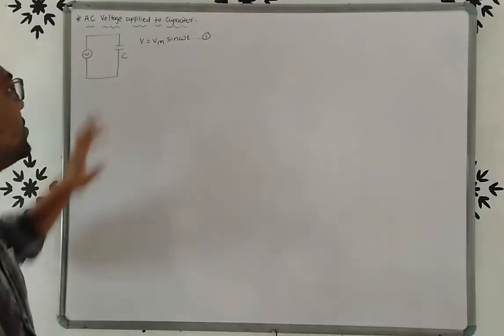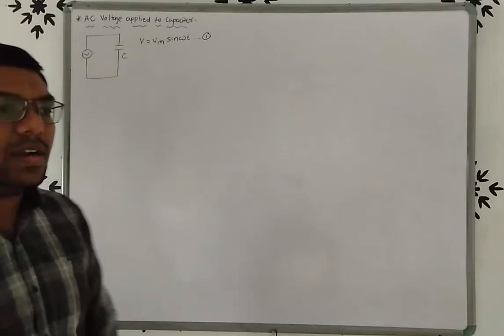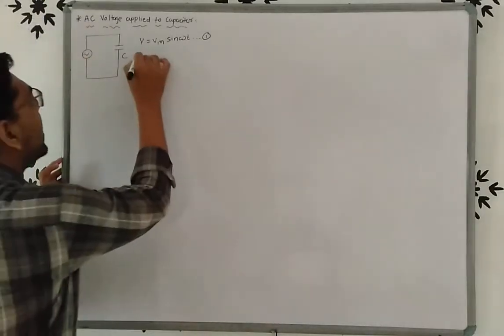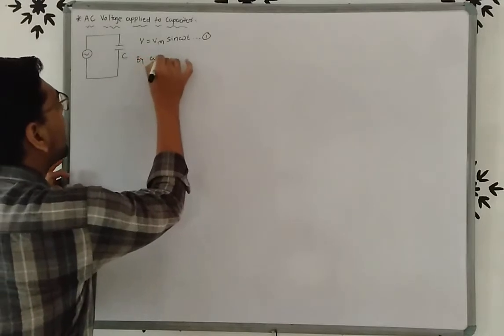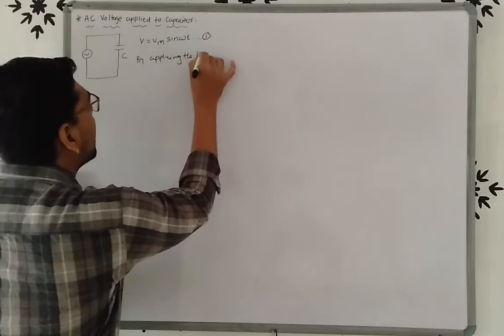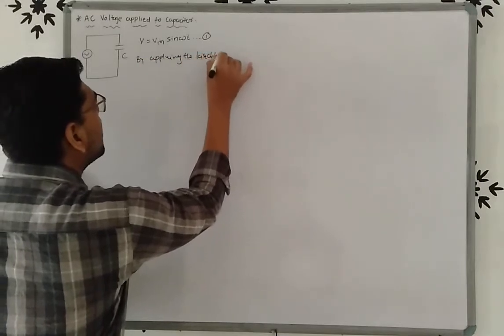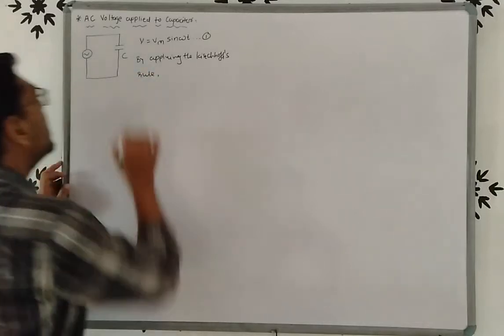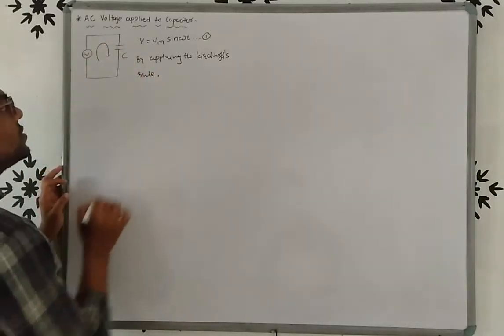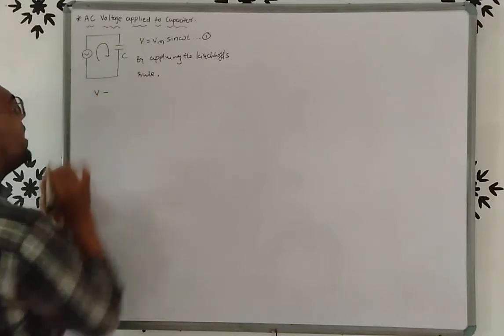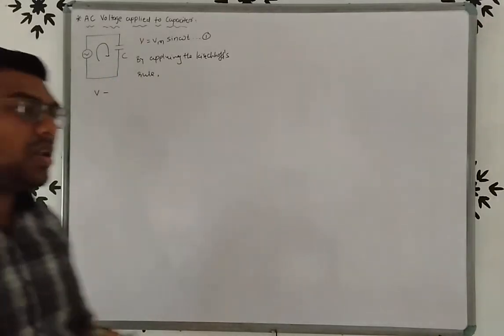To derive the equation of current, we apply Kirchhoff's rule. So the equation will be like this: V minus the potential of the capacitor.